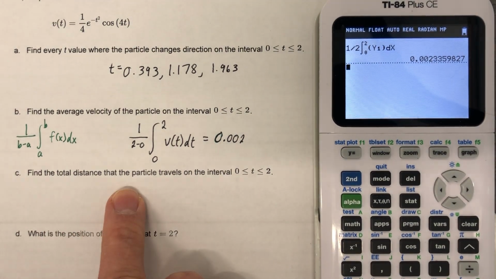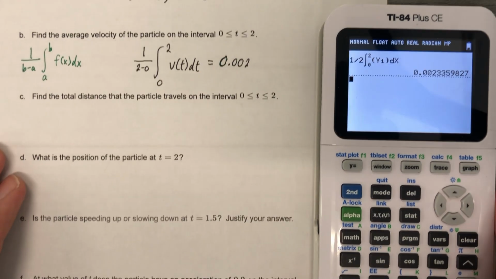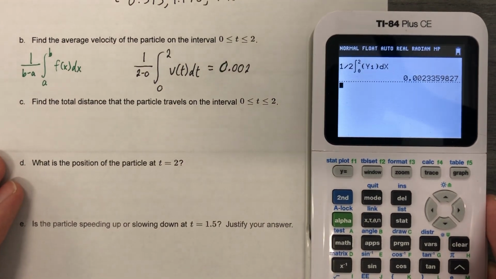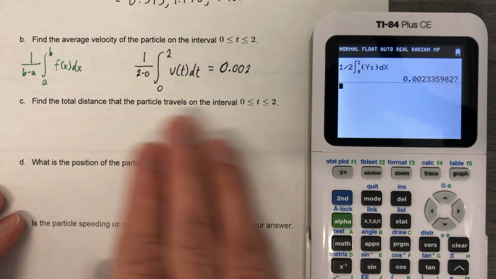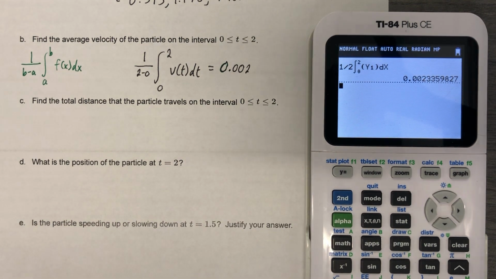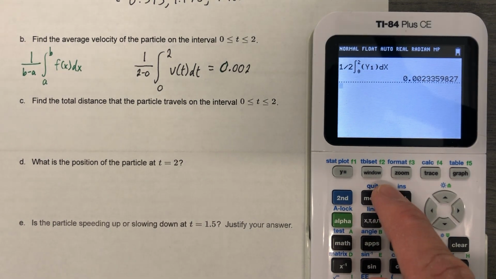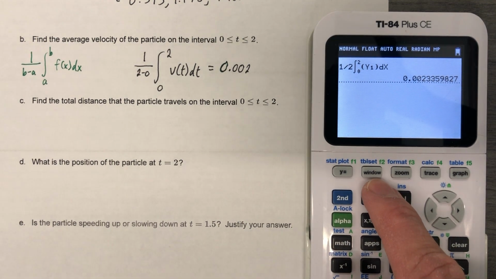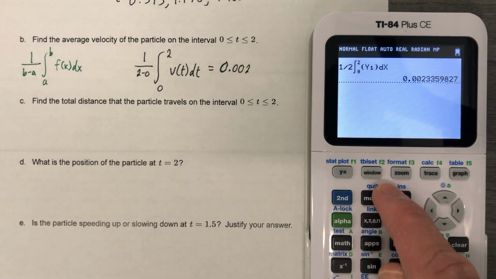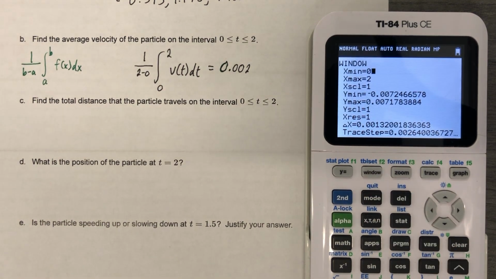Find the total distance that the particle travels. Okay, now things change just a little bit. If I want to know the total distance the particle travels on the interval from 0 to 2, then I need to think about where my velocity was positive, where my velocity was negative. So I'm going to readjust my window. We're going back to the same concept from part A, where I adjust my window from 0 to 2.